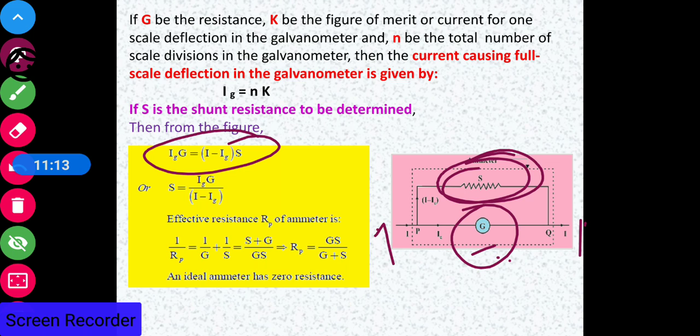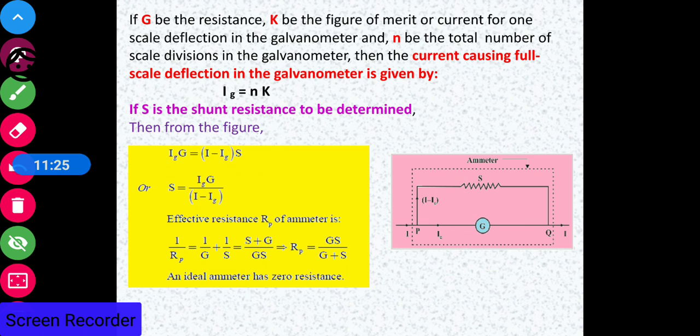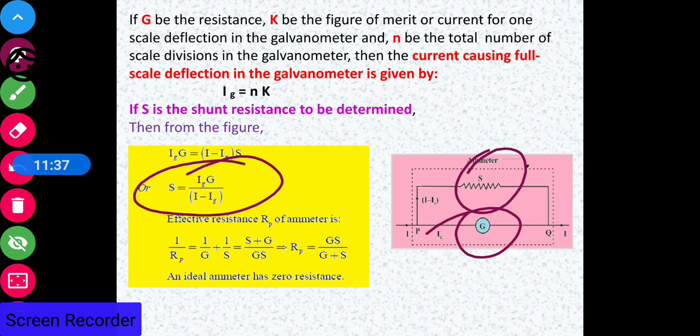Across the galvanometer it is Ig × G. If current I is flowing, then Ig flows through the galvanometer, and the remaining I minus Ig flows through the shunt, according to Kirchhoff's law. So Ig × G = (I − Ig) × S, and by solving it we get S = IgG upon (I − Ig). This is the value of the shunt resistance, and since the shunt and G are both connected in parallel, the effective resistance of the ammeter is R = GS upon (G + S).